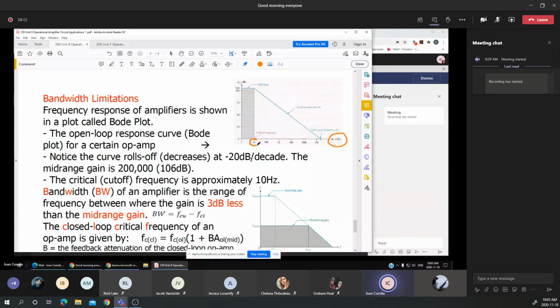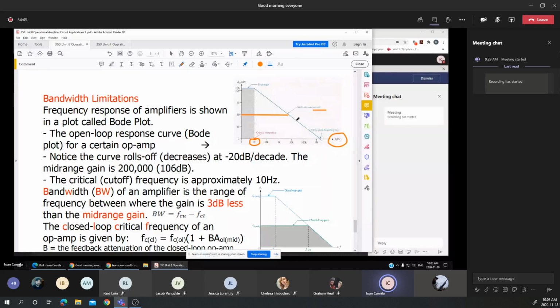Above this frequency, which is a very low frequency, just 10 hertz, for any input signal greater than 10 hertz, the gain of the op amp will decrease by 20 dBs per decade. It's called the roll off, or a decrease in the gain by a value of 20 dBs per decade.